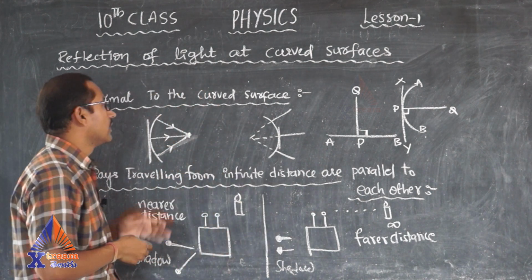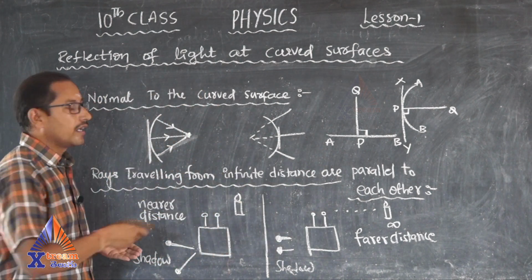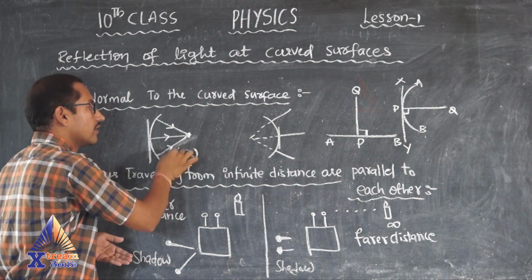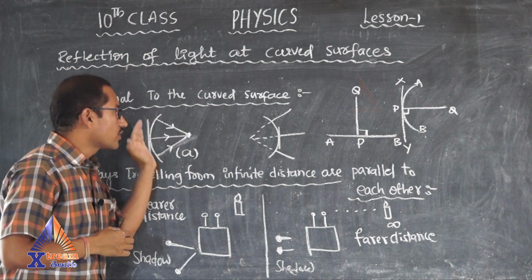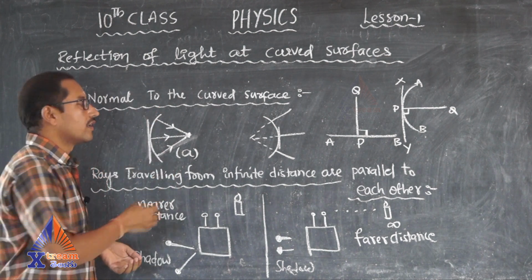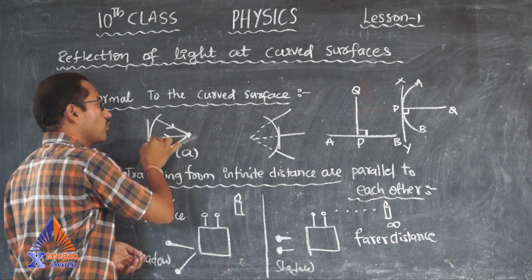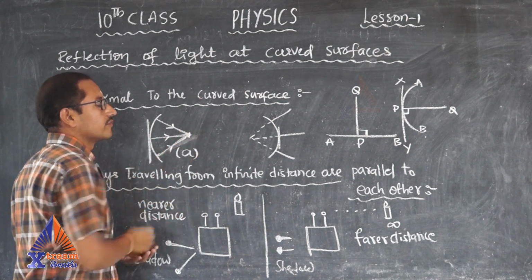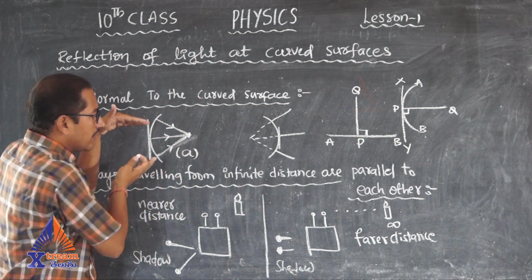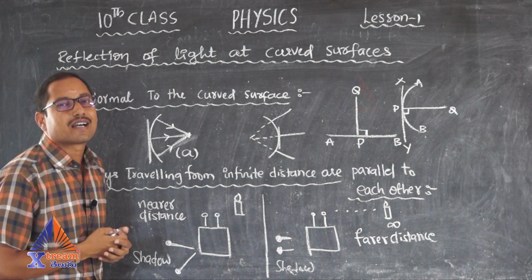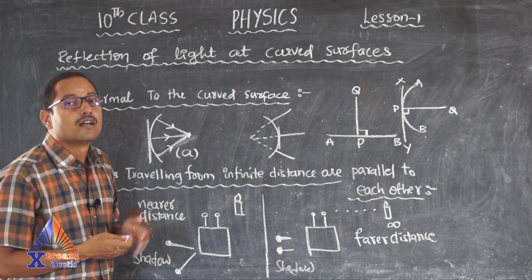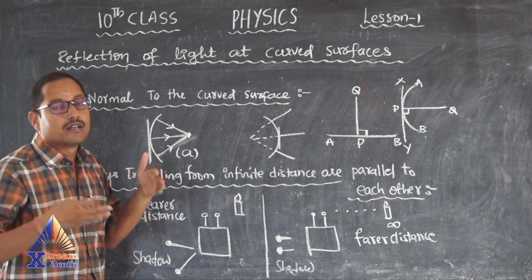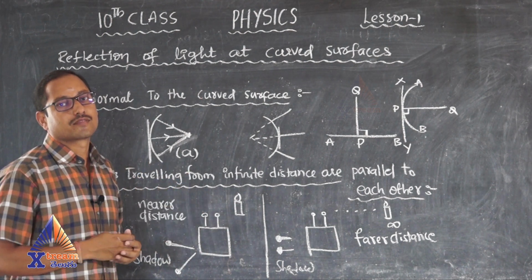Now, here in case A, I am considering a concave surface. In this concave surface, I have taken 3 normals here, 1, 2, 3. These 3 normals are said to be converging. What is the meaning of converging? Converging means coming towards each other.